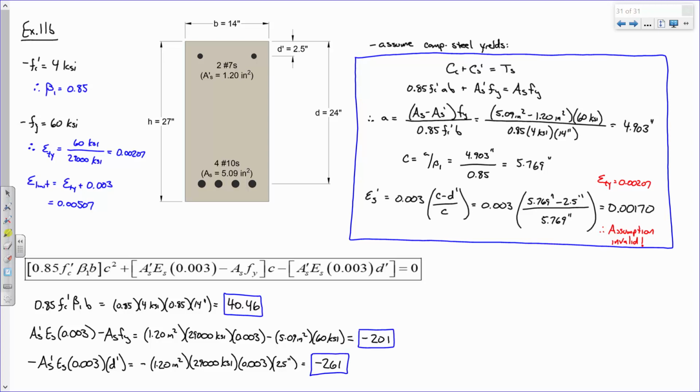So my quadratic expression is going to be the blue box: 40.46 c squared, this blue box c, this blue box equals 0. So just keep track of it, okay? Does that make sense? Now if I solve this expression, I'm going to get two values for c.